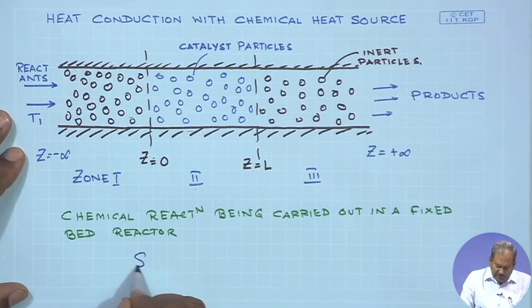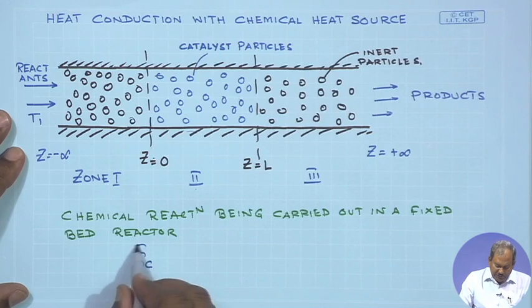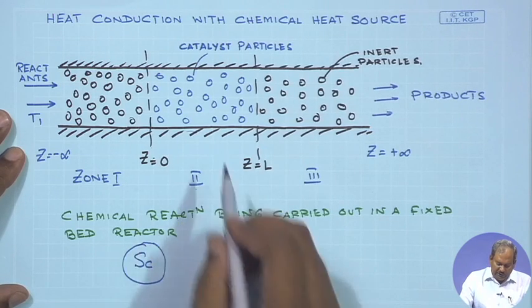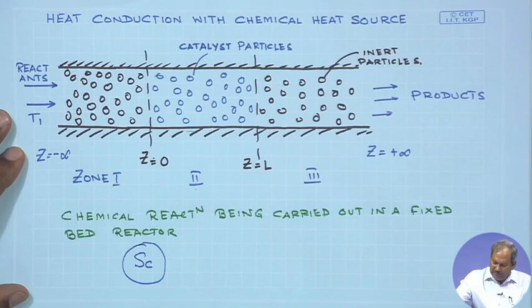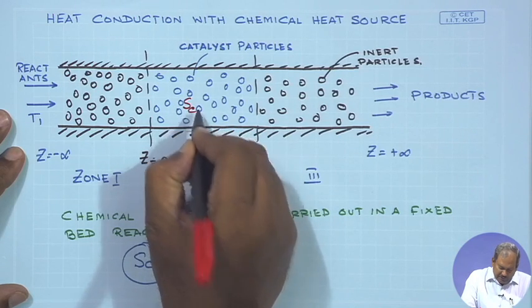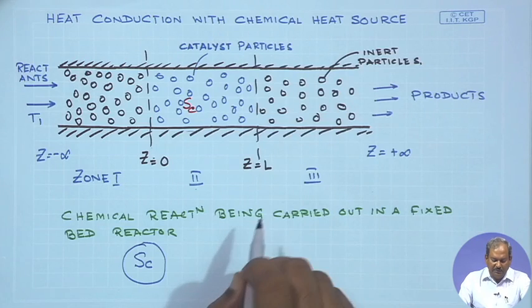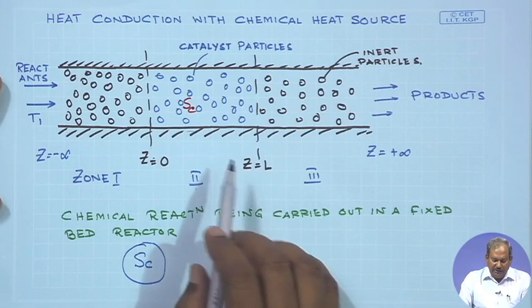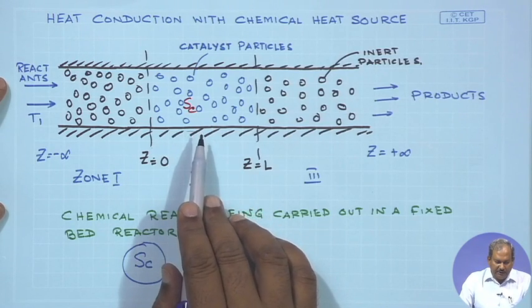So, we would assume that there would be some amount of heat generation or consumption of heat which has been denoted by SC. So, SC is the volumetric heat generation if it is an exothermic reaction that is taking place inside the reactor containing the catalyst particles.